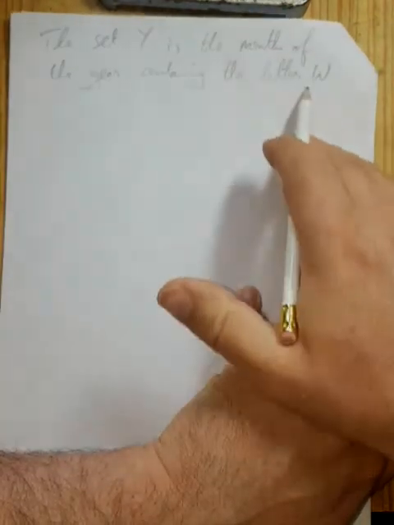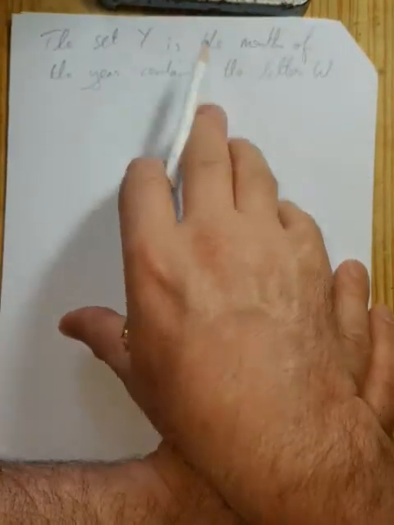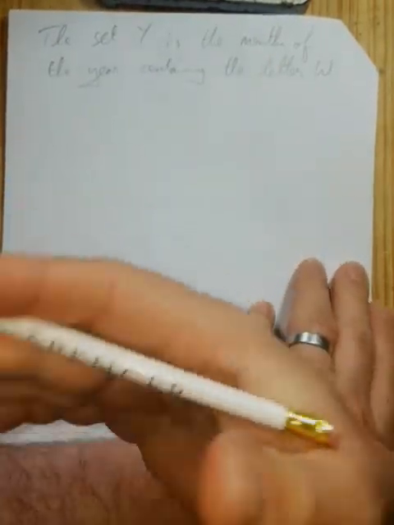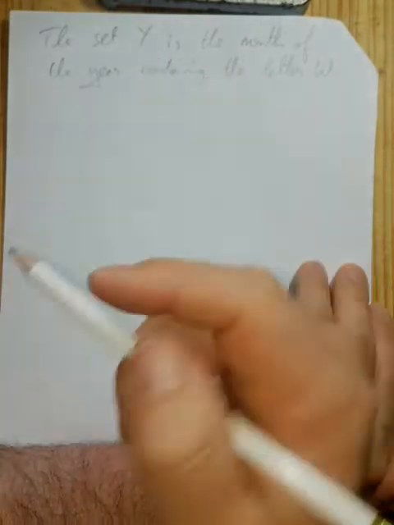So is this set clearly defined? Yes, it is. We know exactly what we're talking about here. We're talking about months of the year that contain the letter W. However, does this set actually have any elements? No, it doesn't.